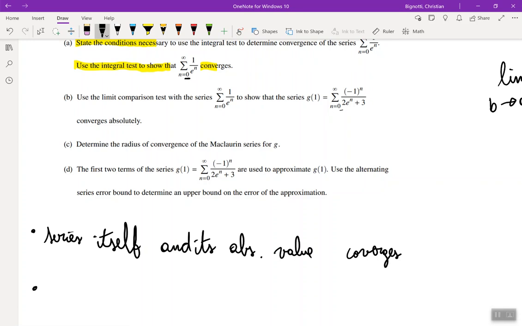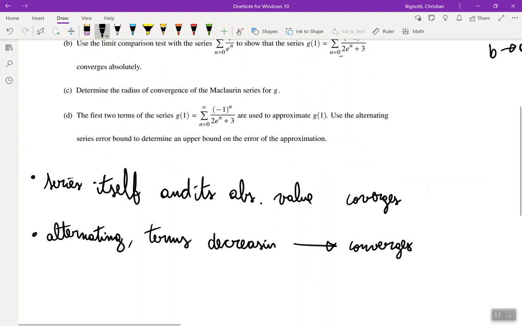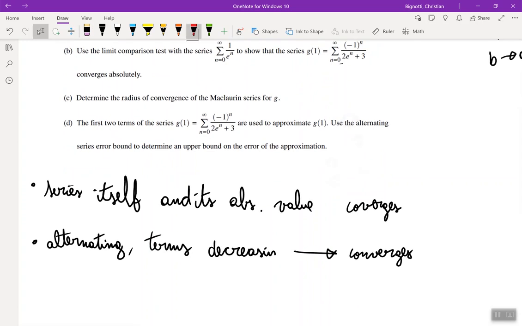Second, it's going to be important, I'll show you why later, that every alternating series whose terms are decreasing converges. And this always happens, and I'll show you why this is important later.